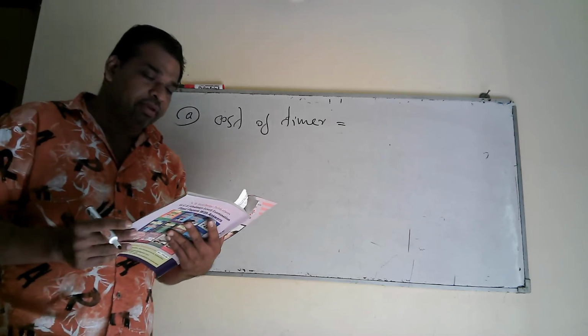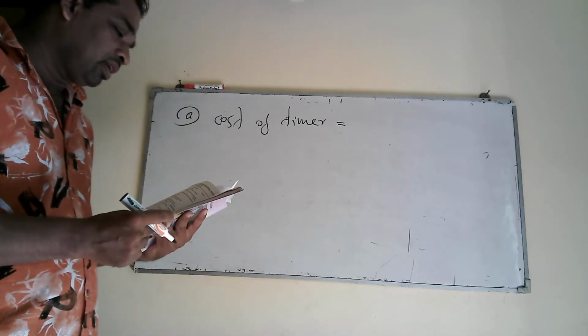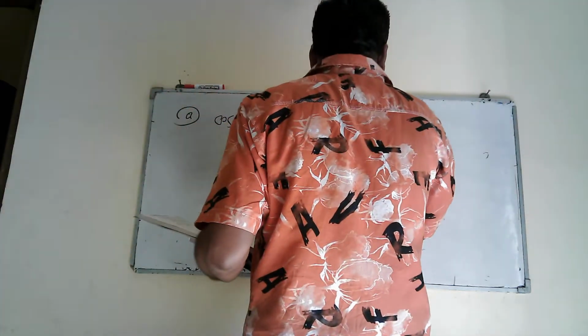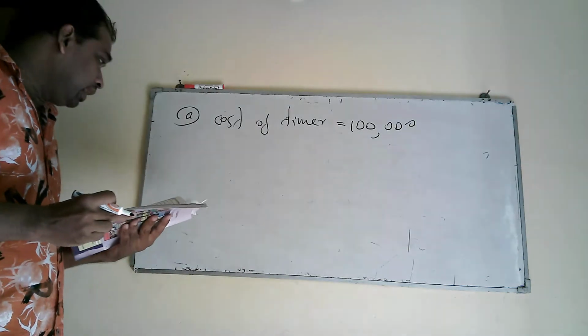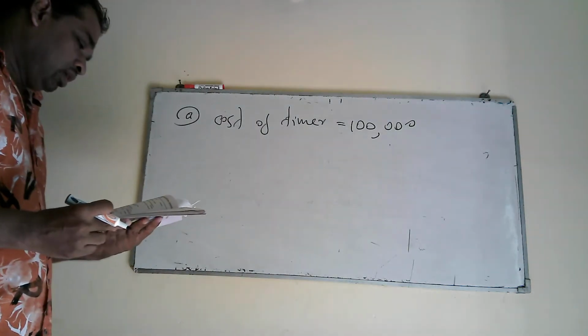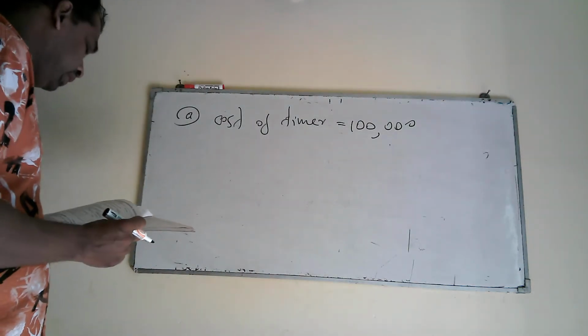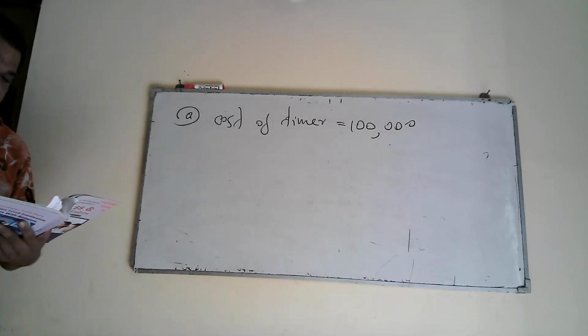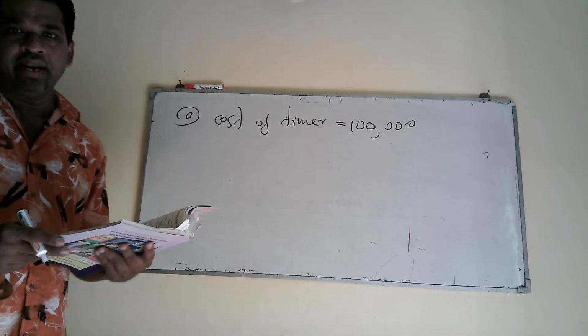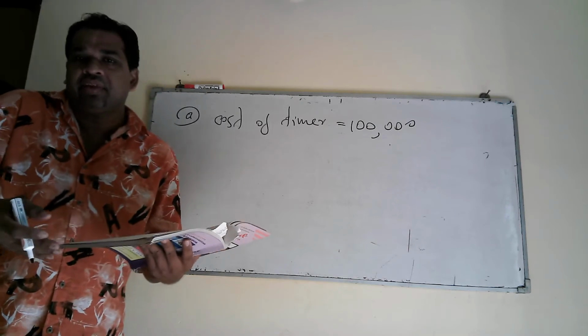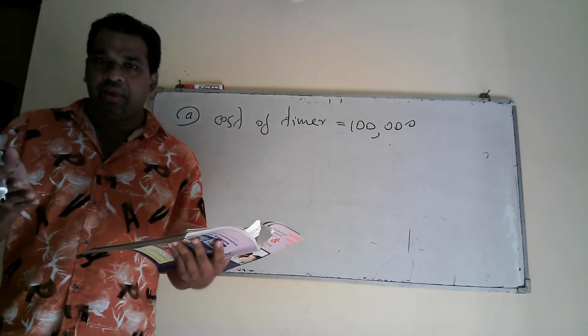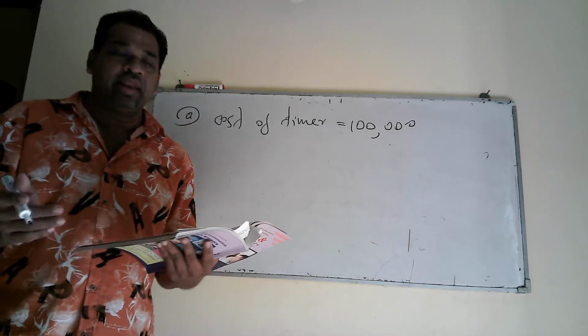The cost of timber will come under direct material, that is 100,000. Then monthly electricity bill, second item, that is coming under indirect other cost. Then wages of carpenter. Carpenter is directly involved in the production process. The payment made to carpenter is direct labor.